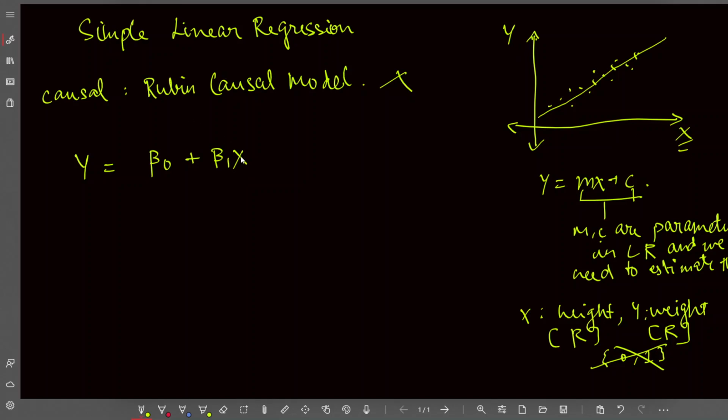I'm trying to find some parameters beta naught and beta 1 such that beta naught plus beta 1 x gives me a value of y, which I'll call y hat, the y predicted value, plus some error term.